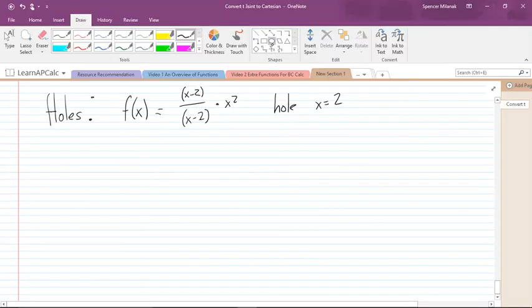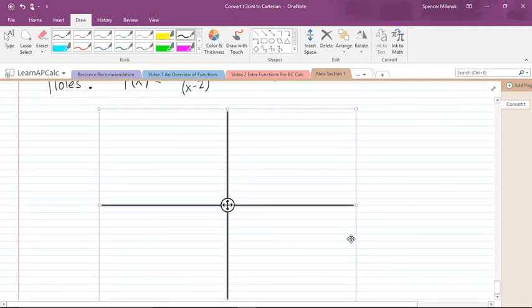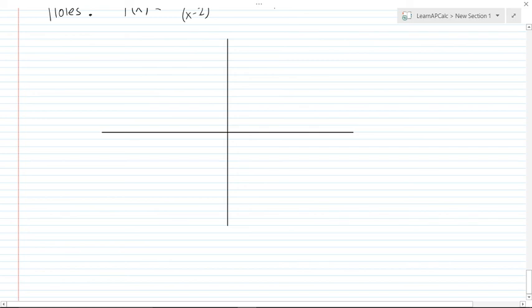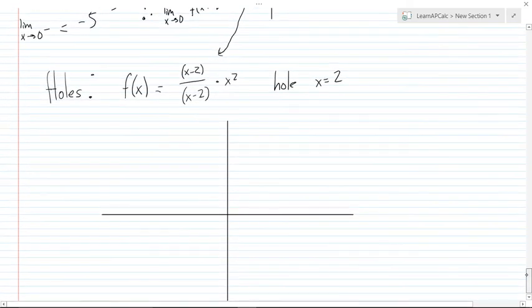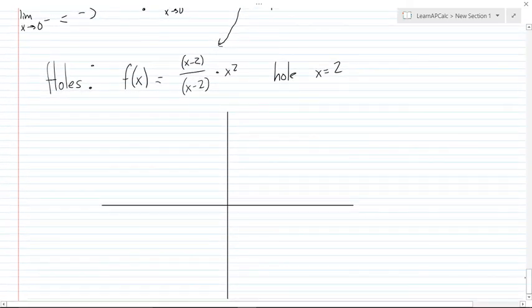Now remember, before I jump in, I'm going to get my coordinate axes. Here if I draw this, I just have f of x equals x squared, because at every point where I have x minus 2, it's just canceling each other out no matter what x is.